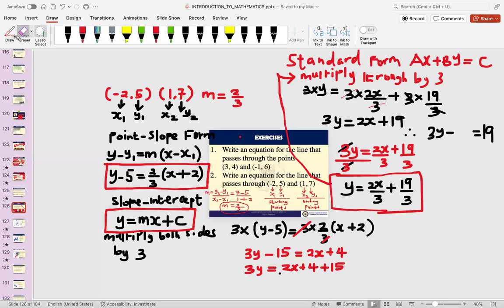Three y minus 2x is equal to 19. And this is our final answer for the standard form. 3y minus 2x is equal to 19.